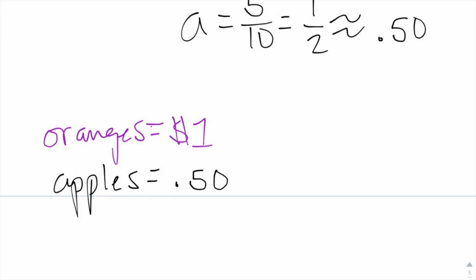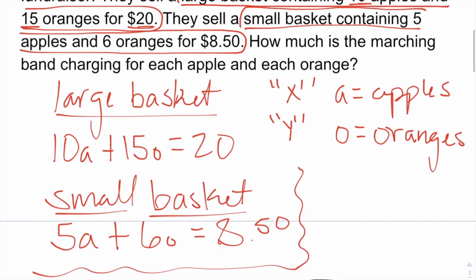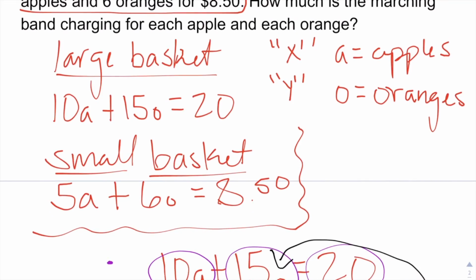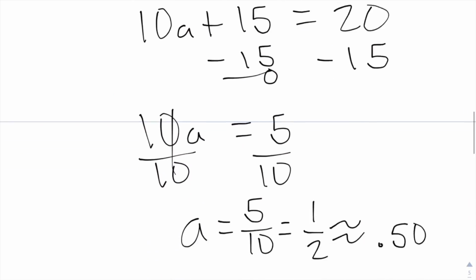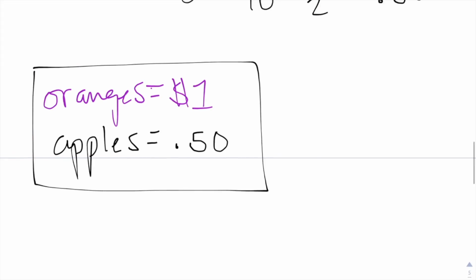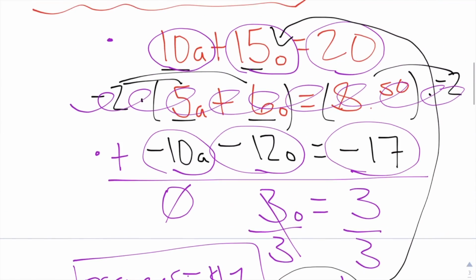And this is the price for each. Each orange is $1. Each apple is 50 cents. Now if you look at the equations, the large basket has 10 of the apples and 15 of the oranges, so it adds up to that amount. Okay? And there's your answer. And again, this was the elimination method, which is right here.